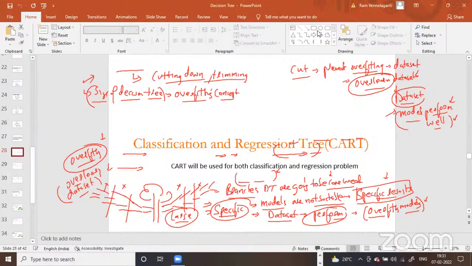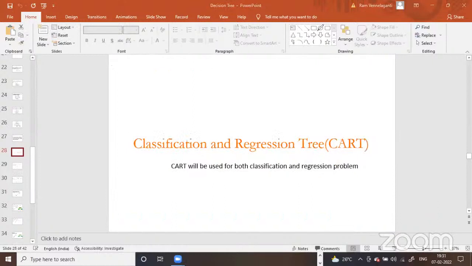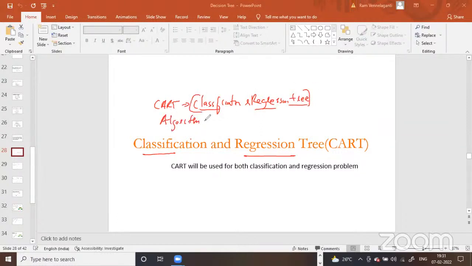Now, what is the next decision tree concept that we are going to study? It is called the CART algorithm. What is CART? CART stands for classification and regression. So the CART algorithm can be used for both classification problems and also regression problems. Previously, the C5.0 algorithm was only used for classification, but now you can use it for both classification and also regression.